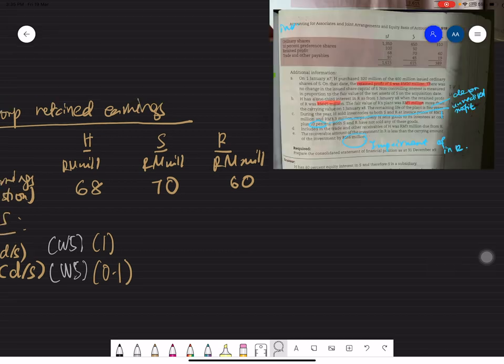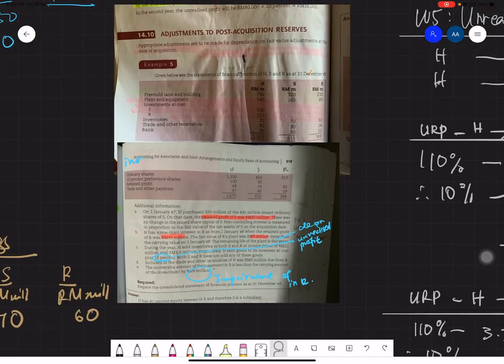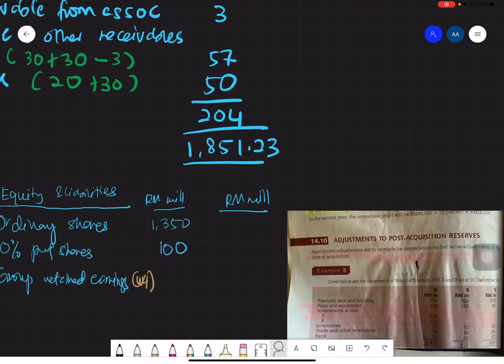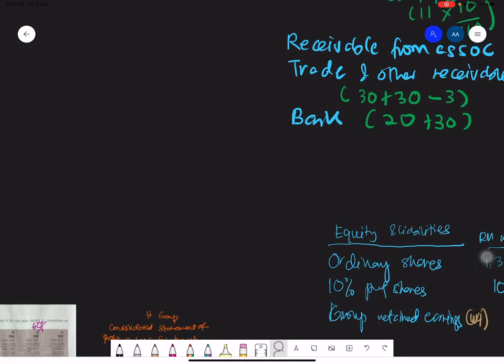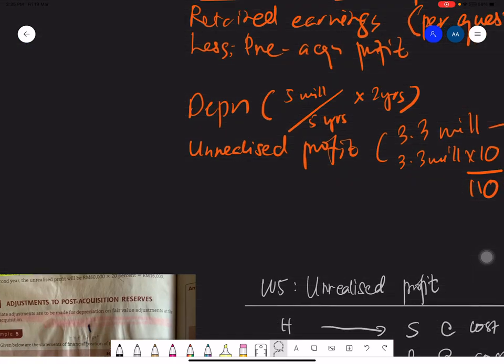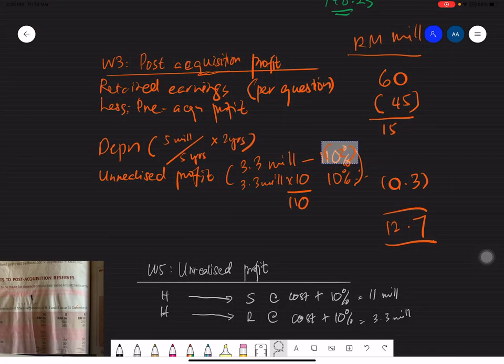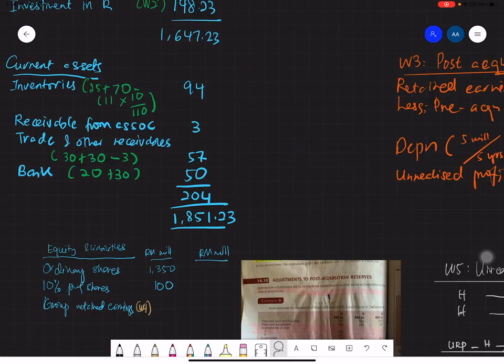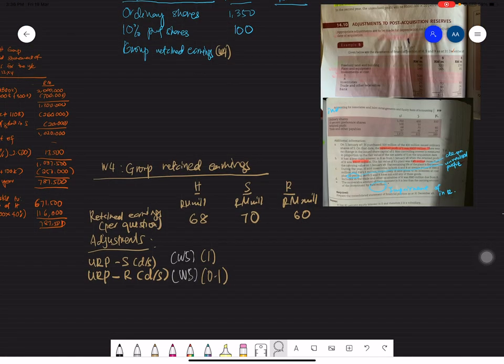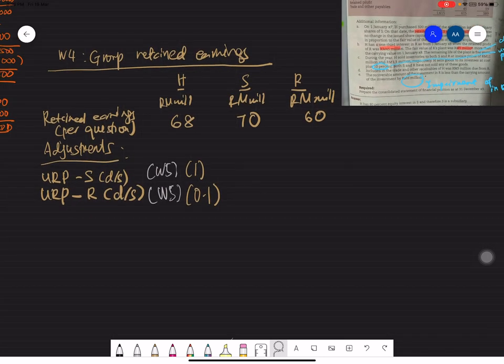We already calculated the figure when we calculated post-acquisition. So it is minus 2, which is the depreciation on the fair value adjustment. 2 years is 2.